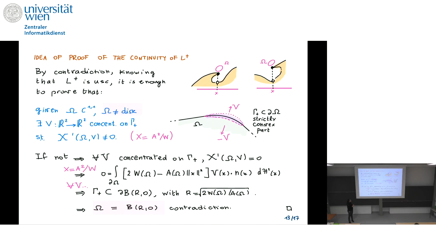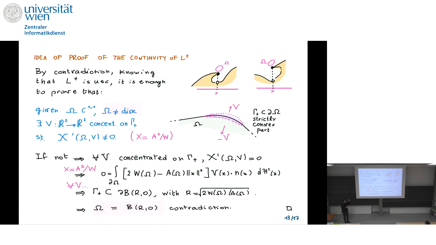Because we cannot go on the right of the disk, we can go left, but this is easy to be prevented. So it is enough to do all that for shapes different from the disk. And so we find that if a shape is different from a disk, this cannot occur, so this is always verified. And this proves the continuity.